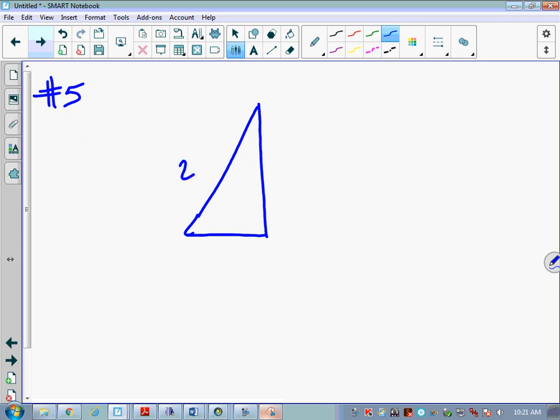So we see 20 here, we see 60 degrees here. What should this angle be right here? Should be 90 degrees. What's this one up here going to be? 30. Okay, and the question is how tall is the glass? So if I'm picking between x and y, what do I actually want to solve for, x or y? Y. That's the height of the glass.